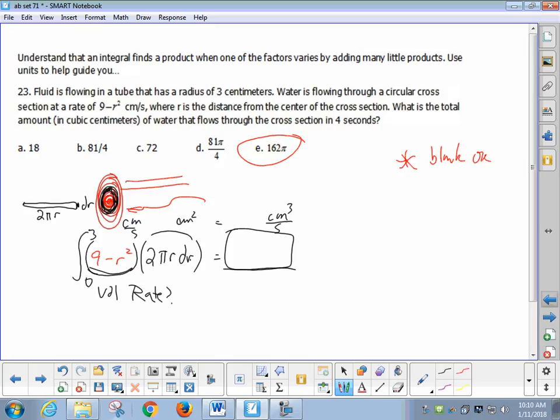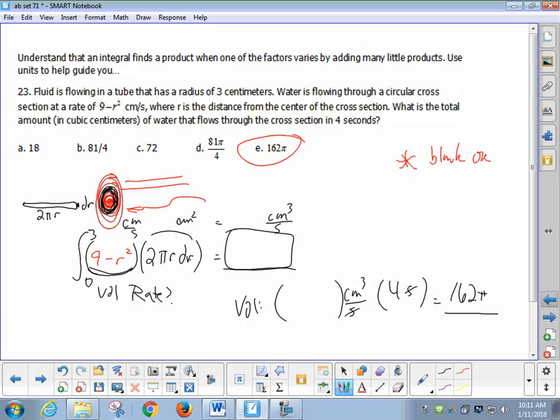Well, if it's this rate, cubic centimeters per second, then I need to multiply that by how many seconds? Times 4 seconds. And in those 4 seconds, we'll get 162.5.